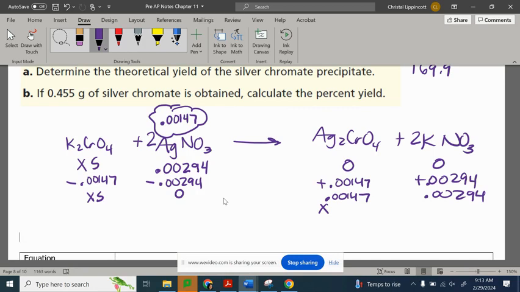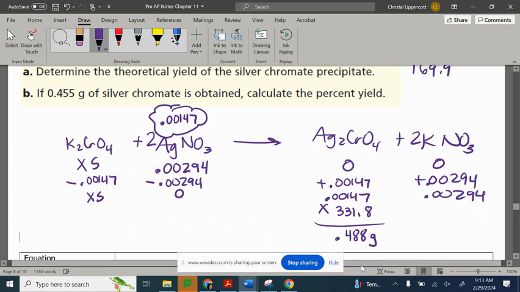So the molar mass of this is 331.8. This is called my theoretical yield. In theory, I should make 0.448 grams of silver chromate.